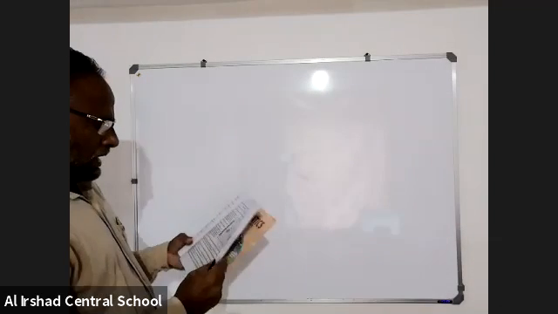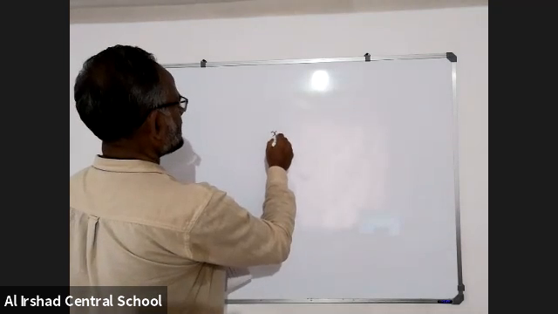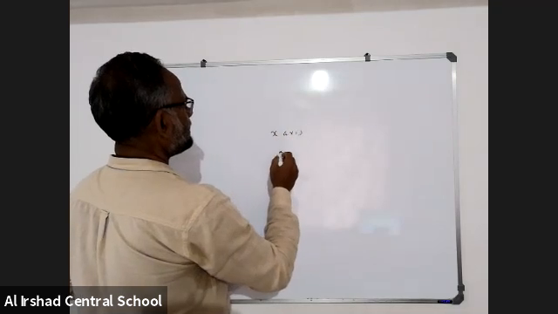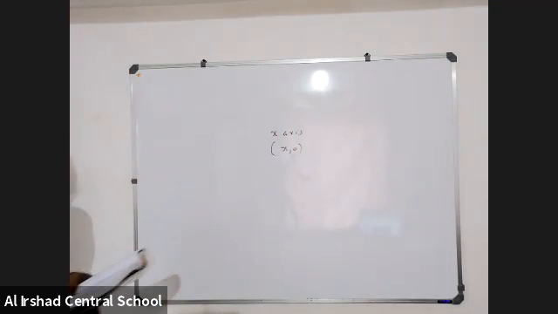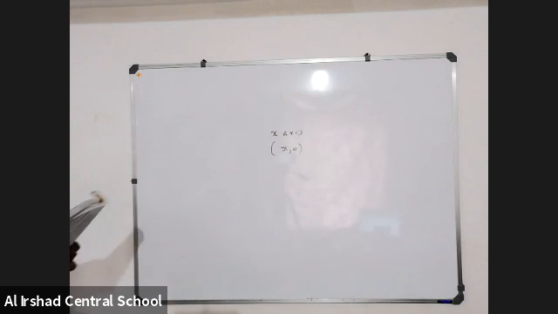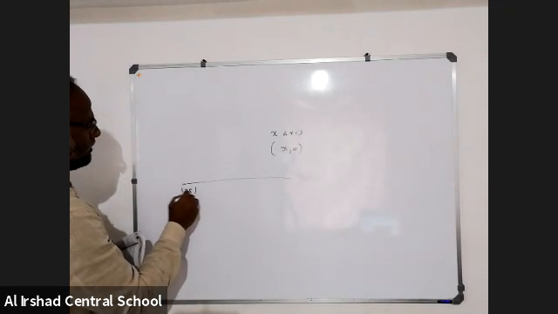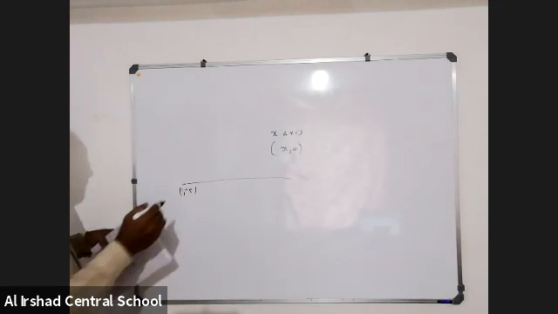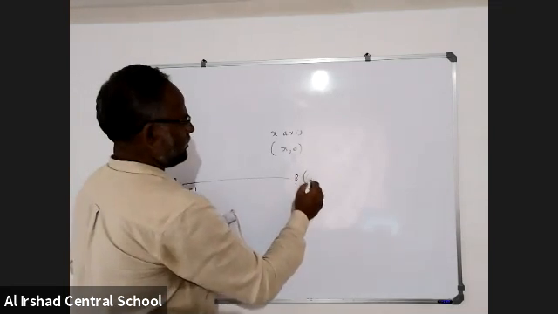Find the ratio in which the line segment is divided by the x-axis. X-axis, any point we can say x, 0. Also find the coordinates of the point of division. 1, minus 5 is A and B is minus 4, 5.